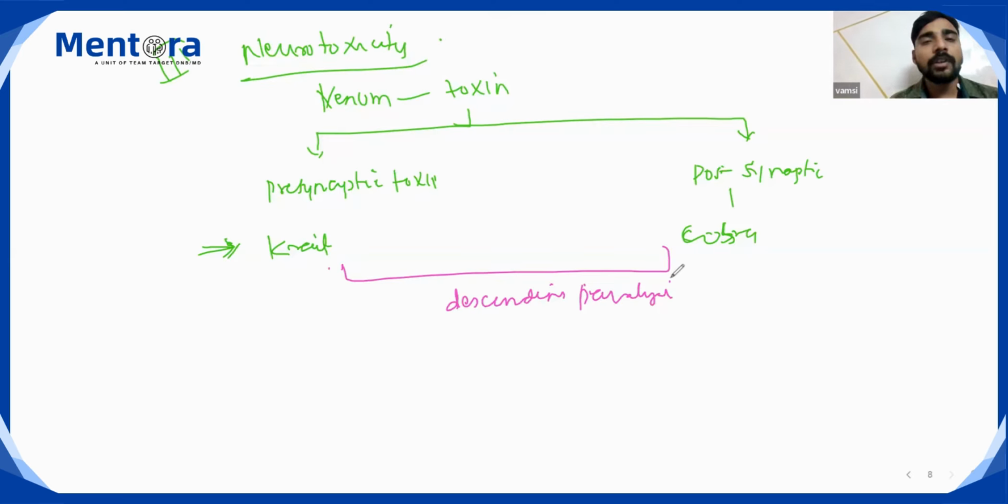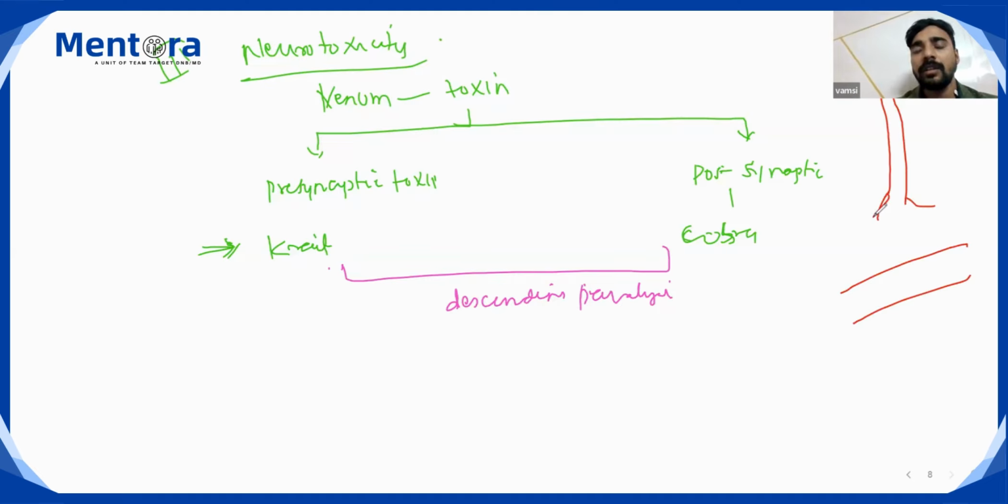Right? One important point you have to remember is that presynaptic toxin means the toxin is present within the cell, within the neuron. But postsynaptic means the toxin is present in the synapse. For example, if you see here, this is your neuron. Okay, this is your muscle. Right. The presynaptic toxin will act here, before the synapse. This is what is called the synapse.